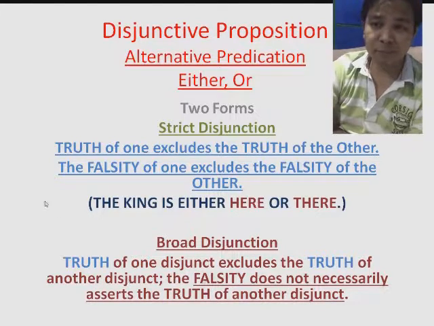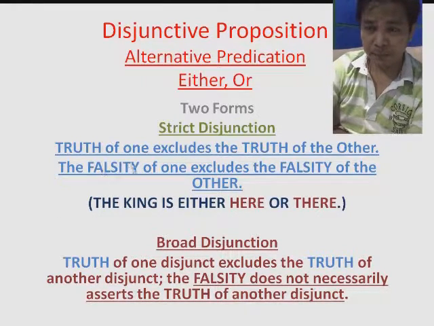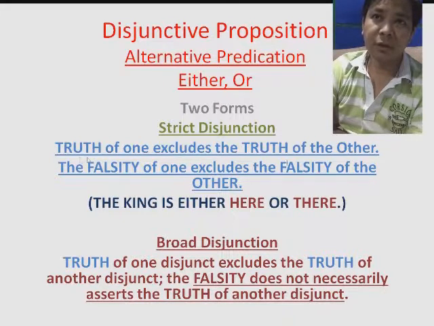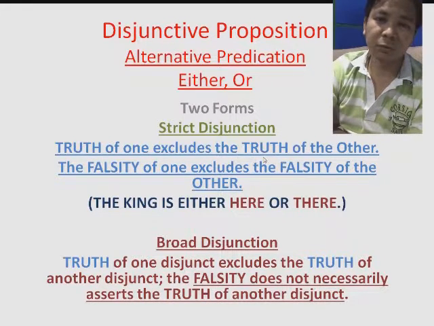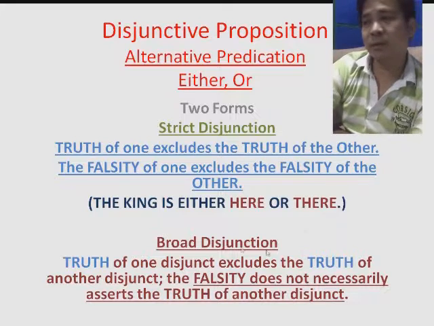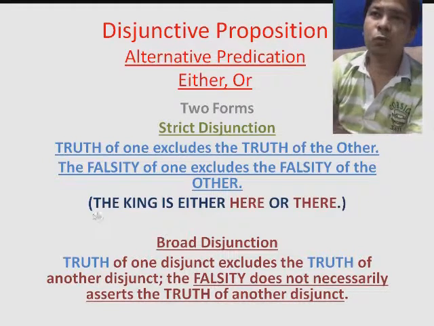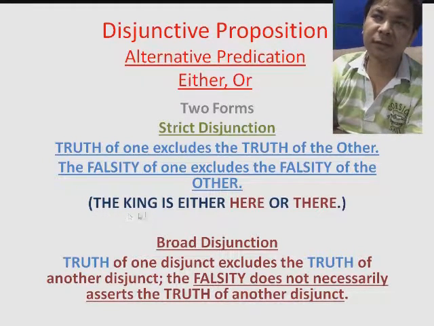Meaning to say, if one is already true, the other disjunct is already false. So meaning if one is already verified to be true, the other is necessarily false. So one excludes the other.